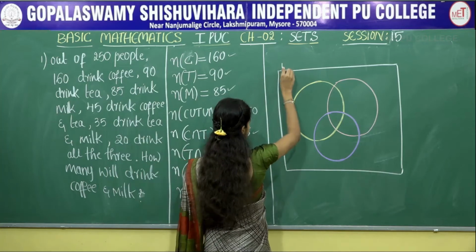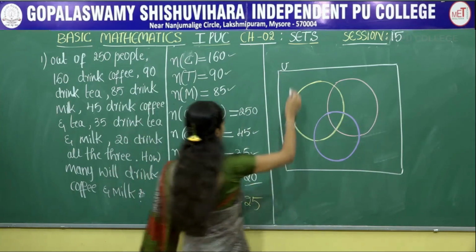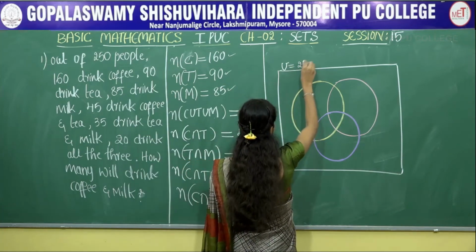The universal set, in this case the union is equal to the universal set, so that is equal to 250.